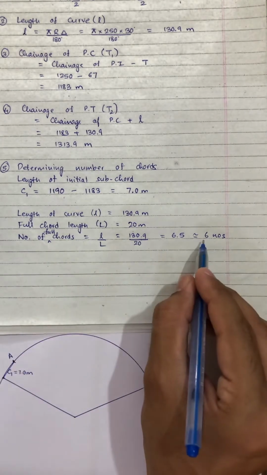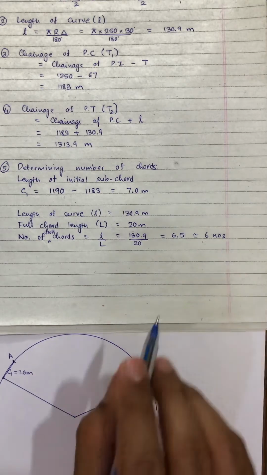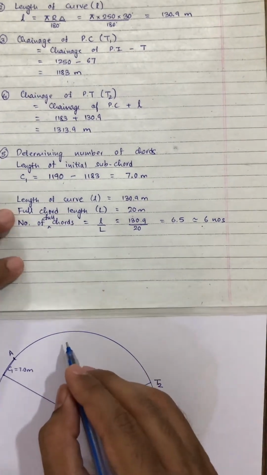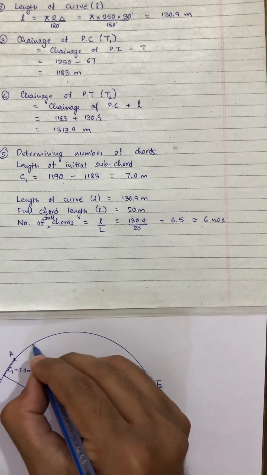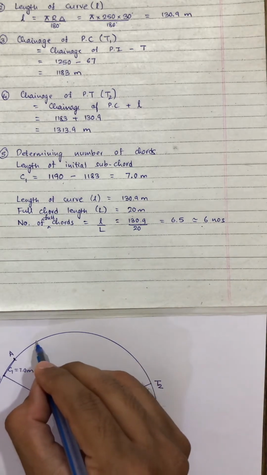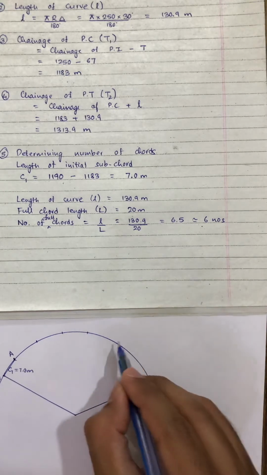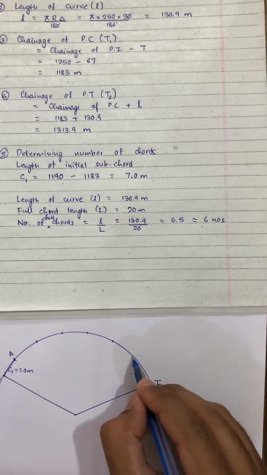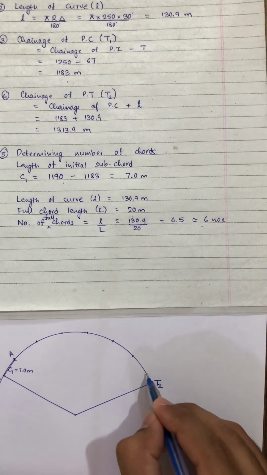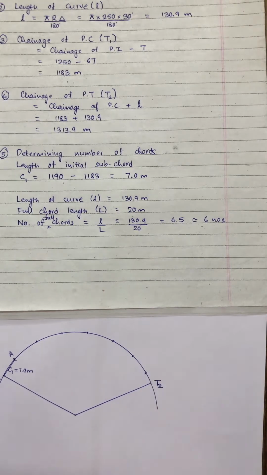As the number of full chords comes out to 6, let us mark over here 6 chords, each of 20 meters length. Suppose this is 1, 2, 3, 4, 5, and this is 6.